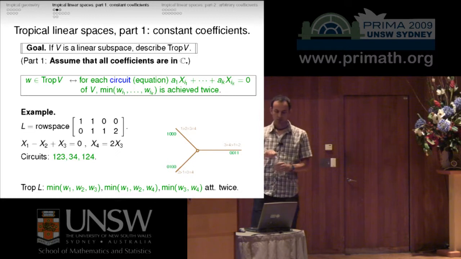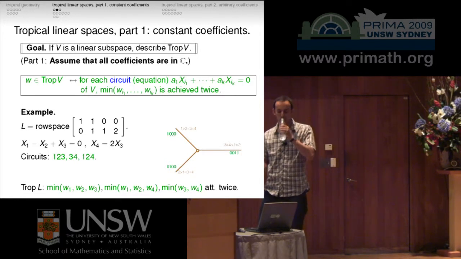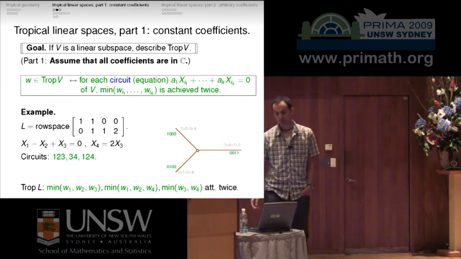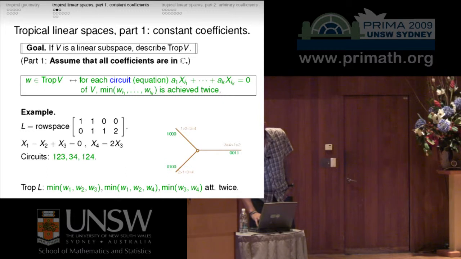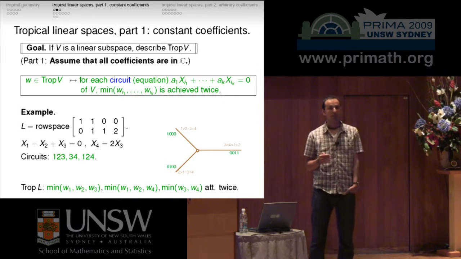So in the constant coefficient case, what does this look like? We have a linear subspace V. We want to describe the tropical variety. For each equation satisfied by my linear space, which looks like A1 xi1 plus ... plus AK xik equals 0, I tropicalize that equation.